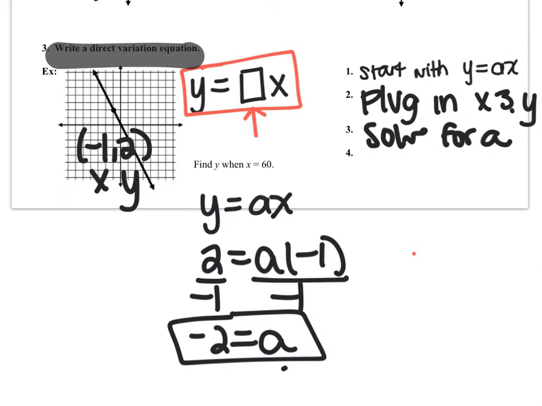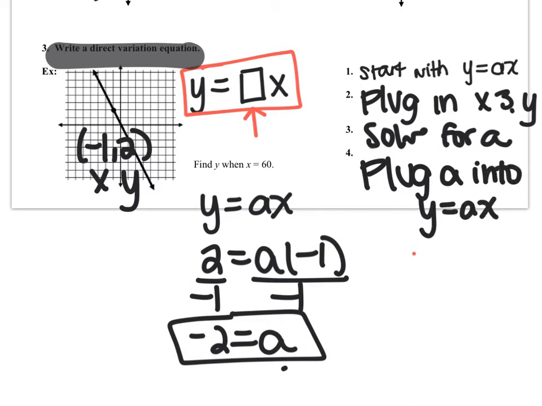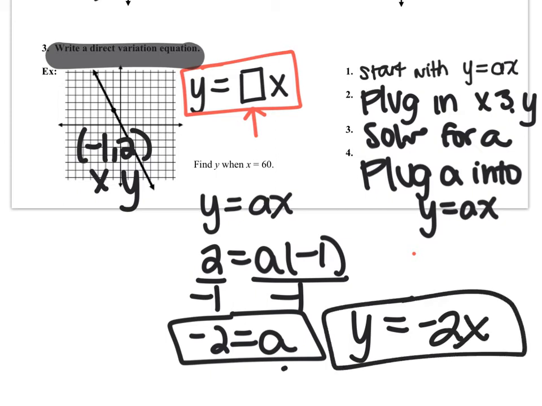So I want to go back and plug A into y equals ax. So I can now fill this missing box with -2. So my final answer would be y equals -2x.